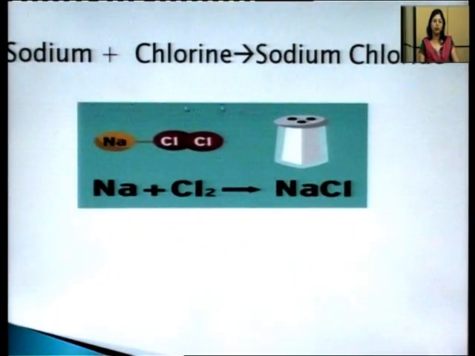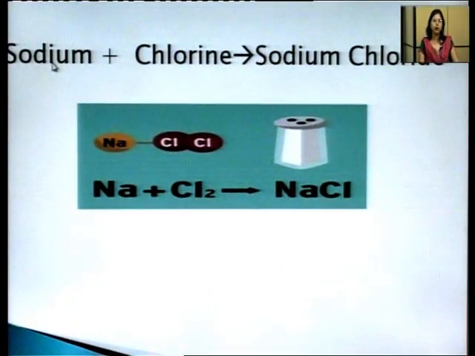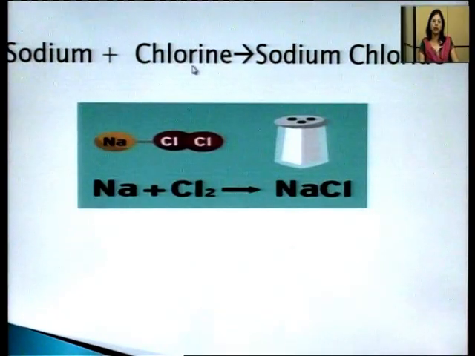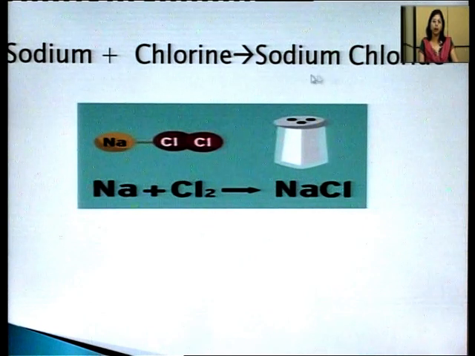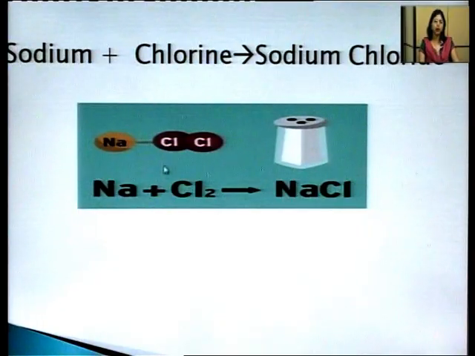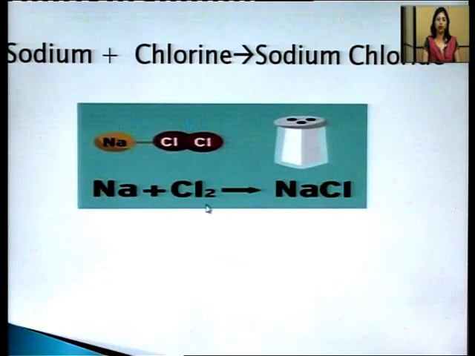For example, as we know, when sodium and chlorine react with each other, they form sodium chloride. This reaction can be represented in the form of a chemical equation. Here I have written the symbol of sodium, that is Na, and the formula of chlorine is Cl2.